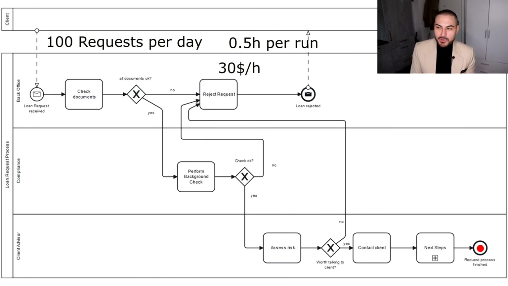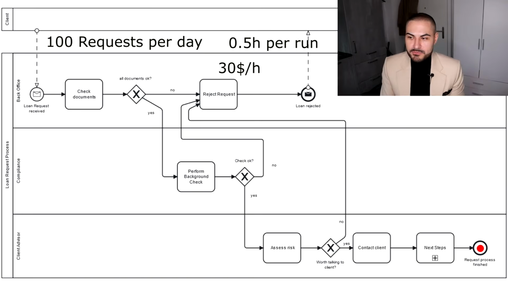Let's take this times 0.5 hours, which one completion takes, which actually means 50 hours a day. And as we know, $30 per hour is the average hourly rate. Let's multiply this with the 50 hours and we get $1,500. So each day this process costs us $1,500.